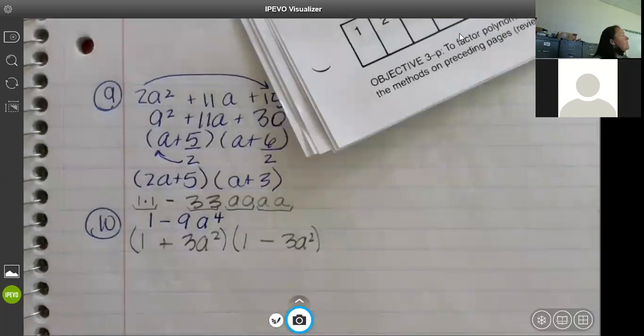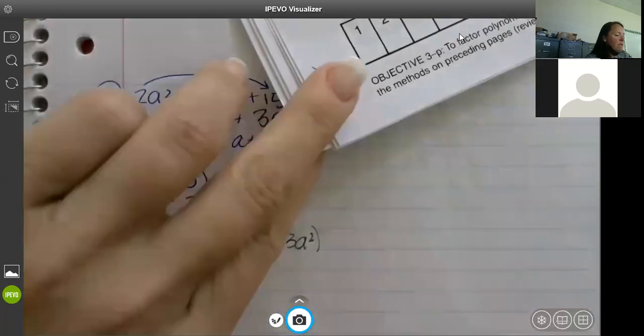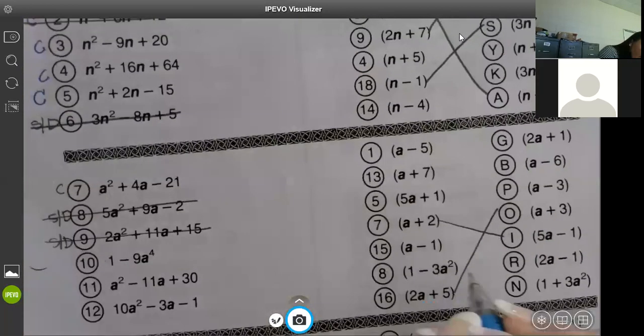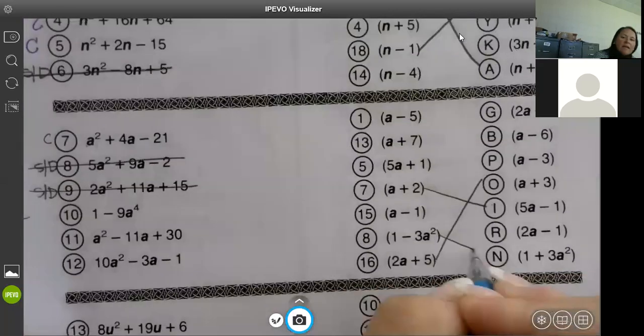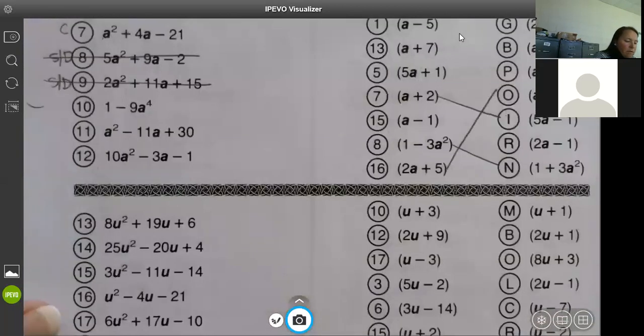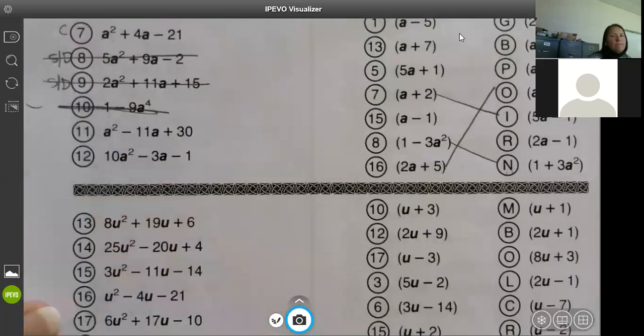So you ready? Good? Pretty simple, right? That's the only pairs and share you have left on here. So 8 and n match. So number 8 is n, and that gets number 10 out of the way.